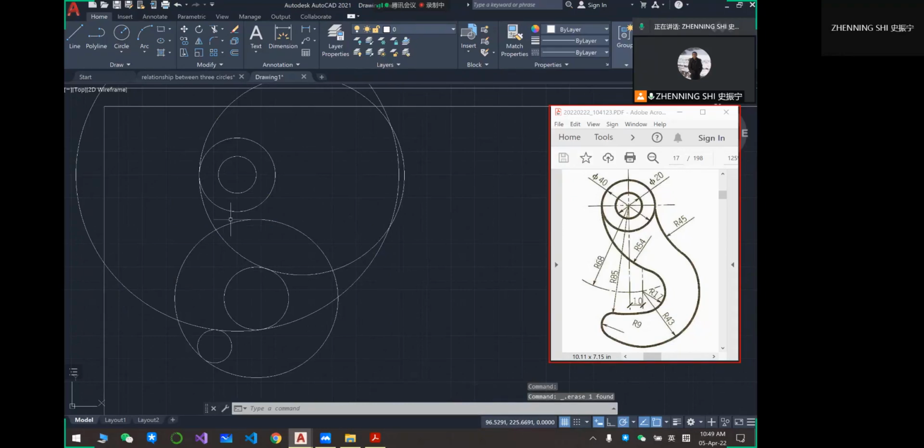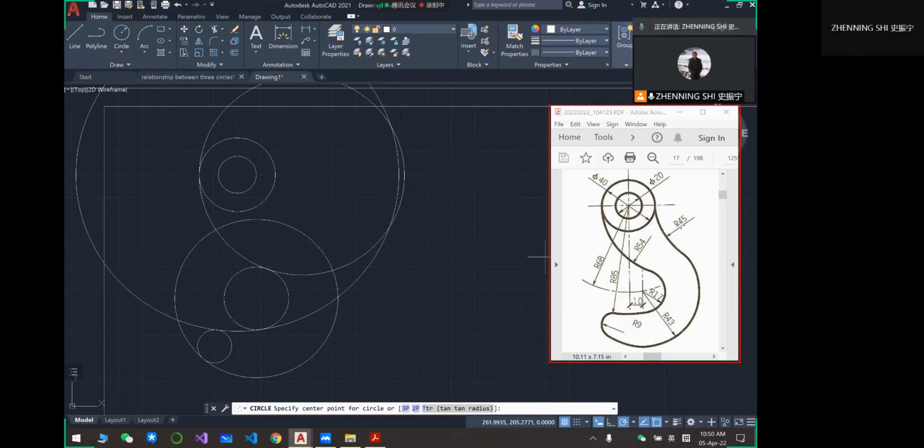And the final one is R45. So let me try to draw the R45. The R45 is circumscribed with R43.